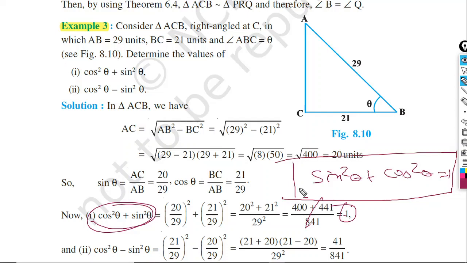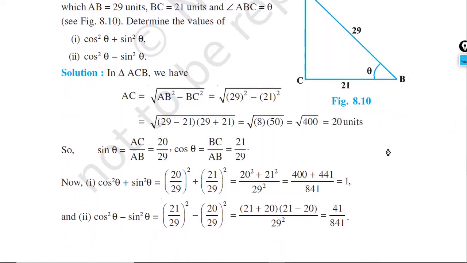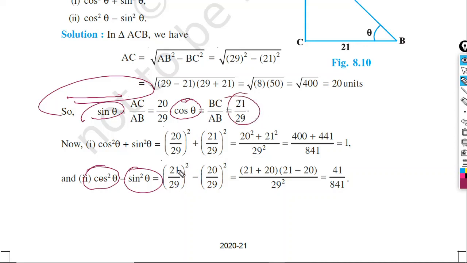I think in the next exercise you can find it, but for this exercise it is just an example for you. Now again we have to find cos square theta minus sin square theta. Similarly we will find cos square theta and sin square theta. Cos square theta will be (21 by 29) square minus sin square theta.